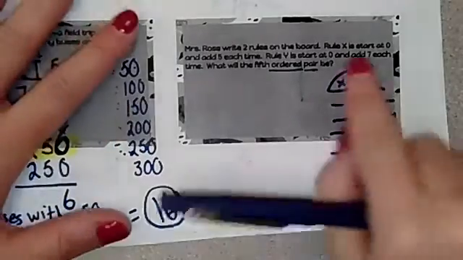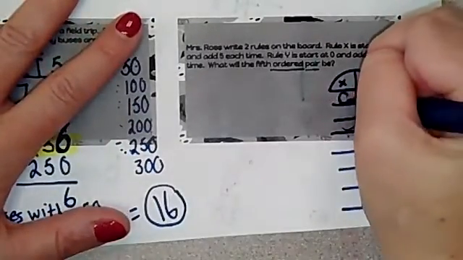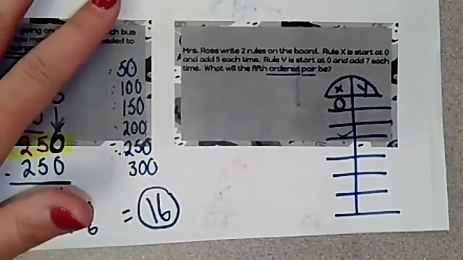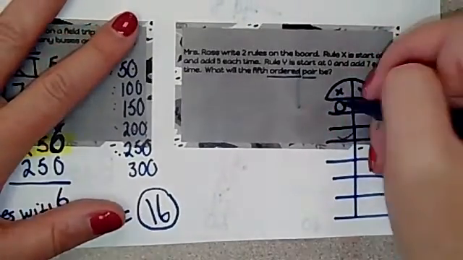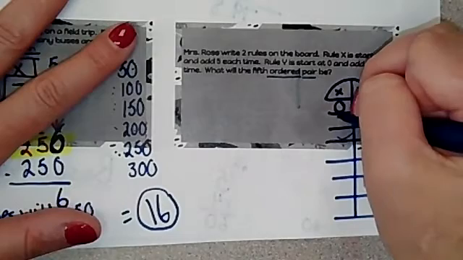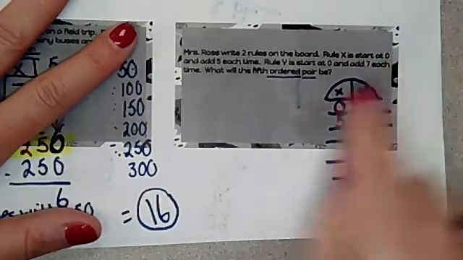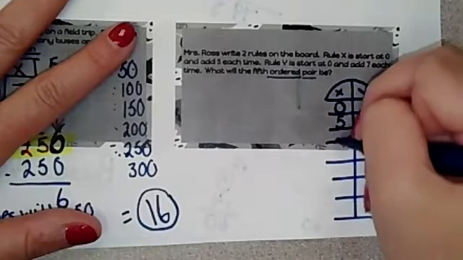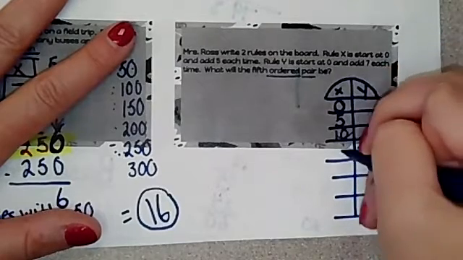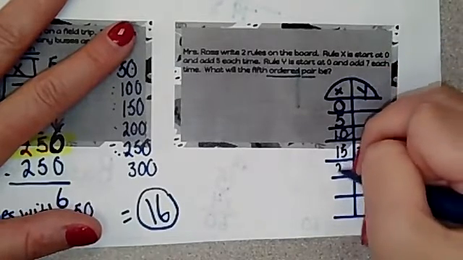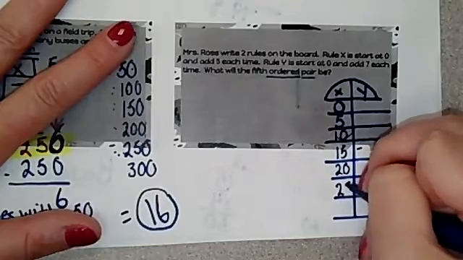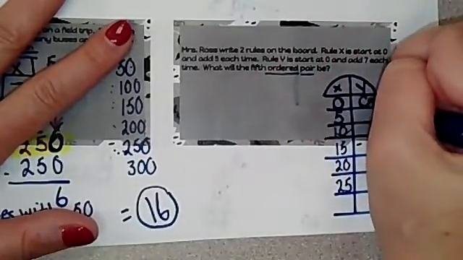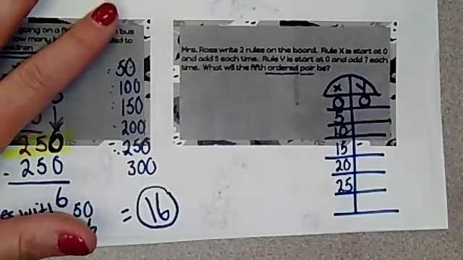All right, so rule X starts at 0 and adds 5 each time. What are the numbers? Evan, tell me, 0. It adds 5 each time. Very good. All right, rule Y starts at 0 and adds 7 each time.